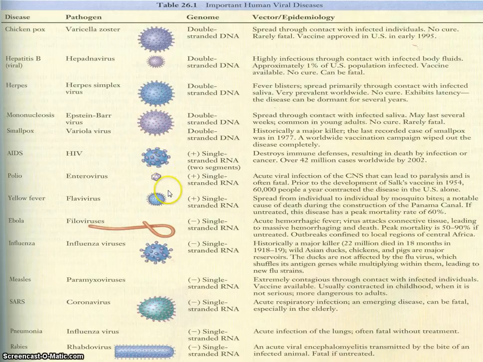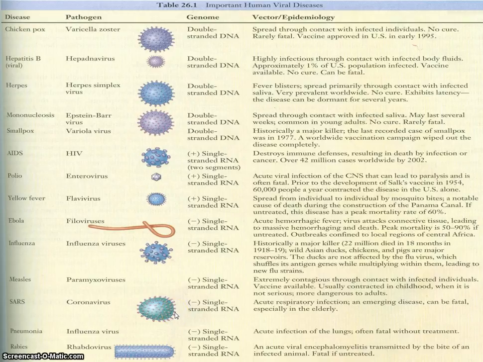The enterovirus, which is a nasty virus, causes polio. Also RNA. The virus that causes yellow fever, the flavivirus, RNA. Ebola virus, it is not circular anymore. Now we're looking at a column or tube shape, but it is also RNA. Flu virus, RNA.